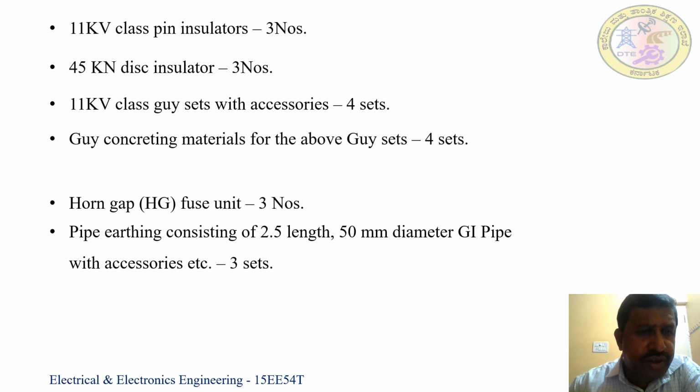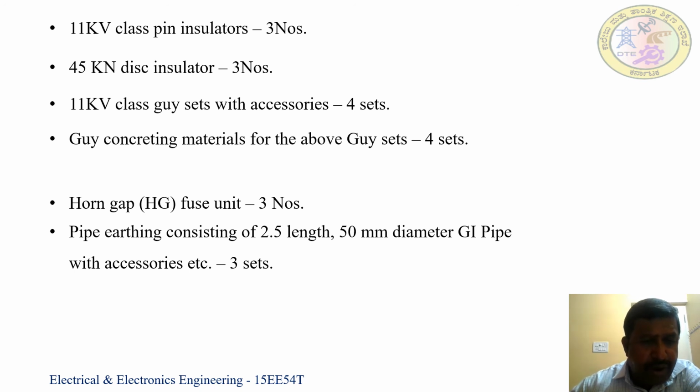Next one is 45 kilonewton capacity disc insulator, 3 numbers. Next, 11 kV class guy sets with all the accessories, total 4 sets are required. Next, the guy concreting materials for the above guy sets. Total quantity is 4 sets. Next, move on to the material horn gap fuse unit. Total quantity 3 numbers are required.